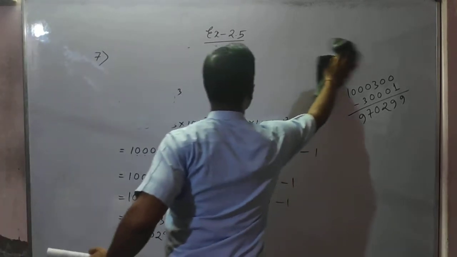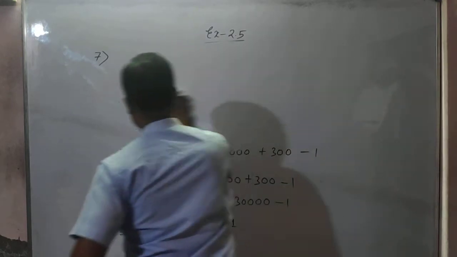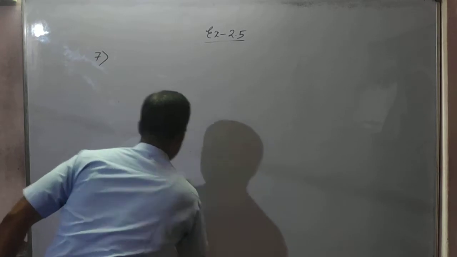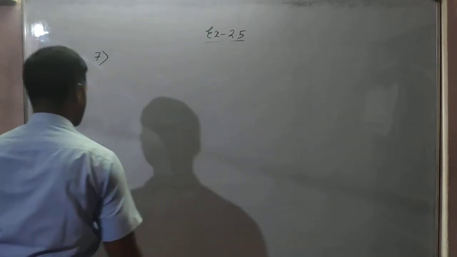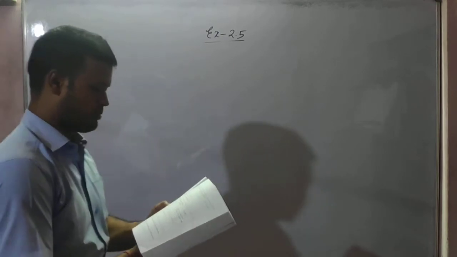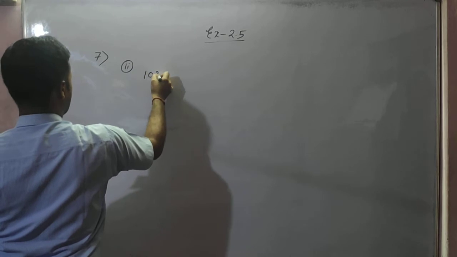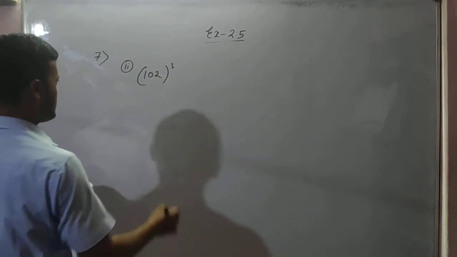So in the same way you will solve this one. Students, this one number 2 is 102 whole cube, isn't it?